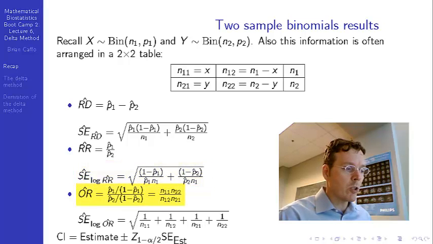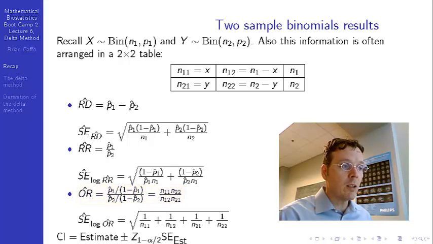And then we have the odds ratio, which is the odds associated with group 1, P1 over 1 minus P1, divided by the odds associated with group 2, which is P2 over 1 minus P2. The associated estimate is P1 hat divided by 1 minus P1 hat, whole thing divided by P2 hat divided by 1 minus P2 hat.